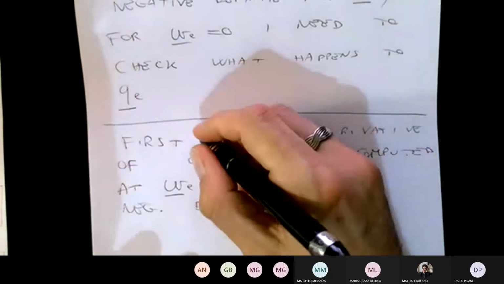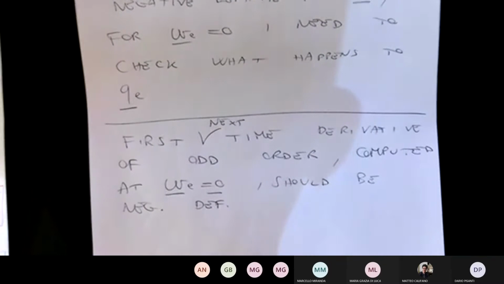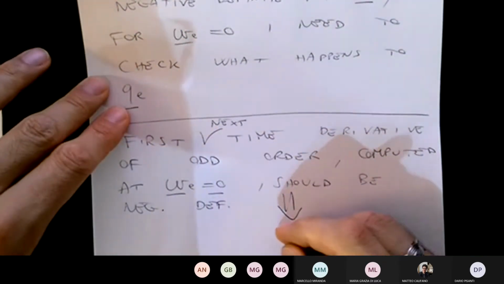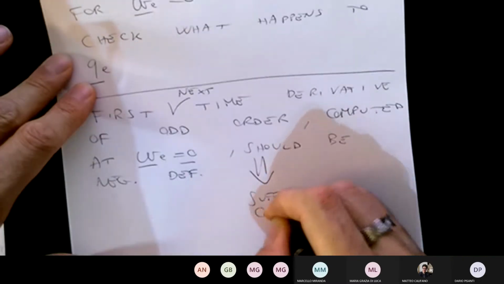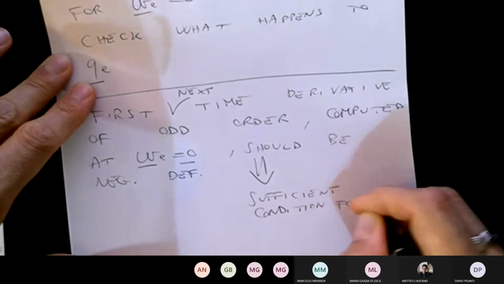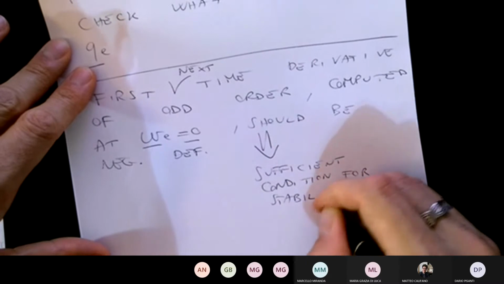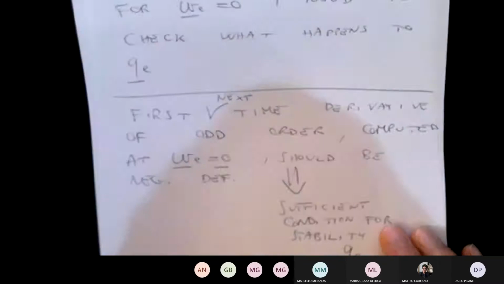And I would say the first, then the next time derivative, because this is the first. Then we keep going, and if the third one is fine, we're happy with that. Okay. So if that happens, it's a sufficient condition for stability on QE as well.